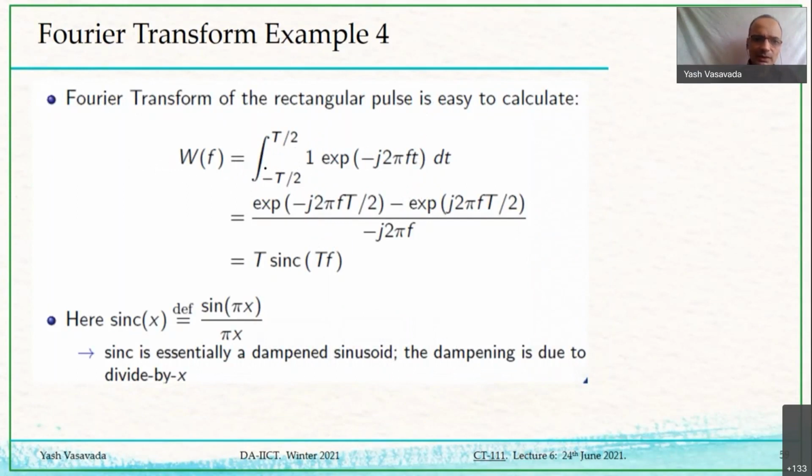So all I have to do is evaluate this integral, which is straightforward given your calculus course. It becomes this integral. And this turns out to be T times sine pi T f divided by pi T f. This is how it turns out.